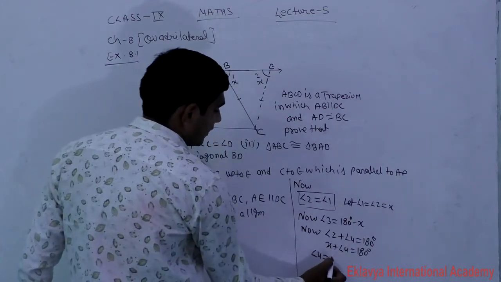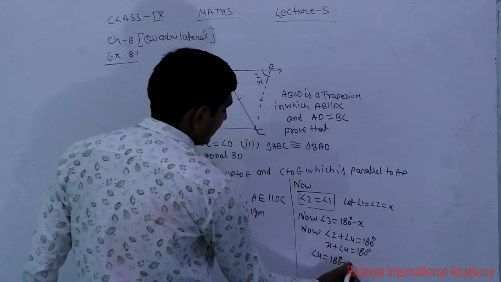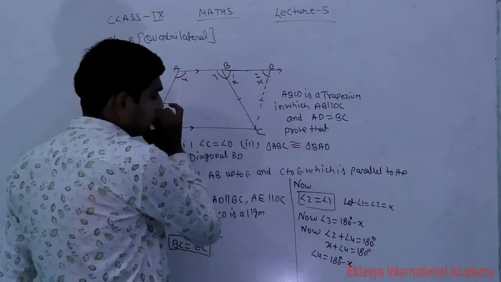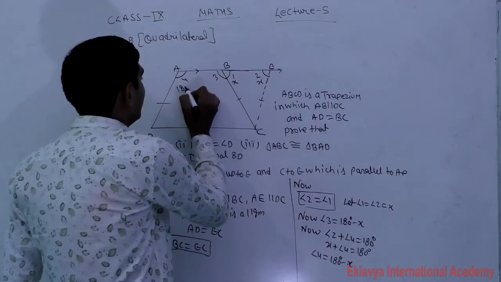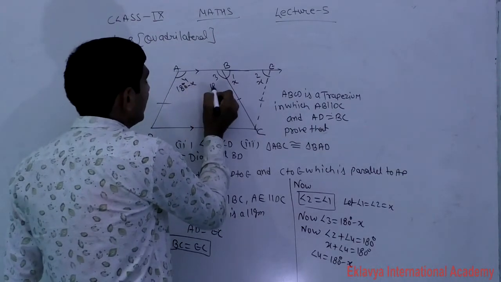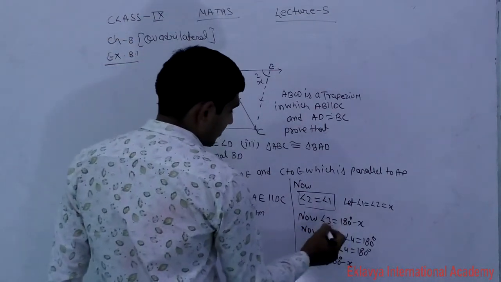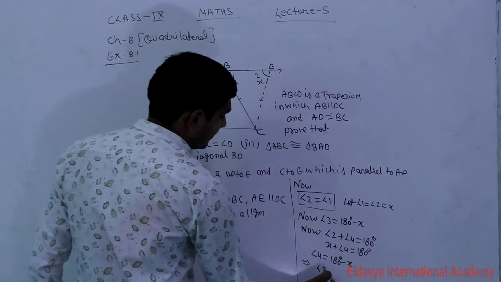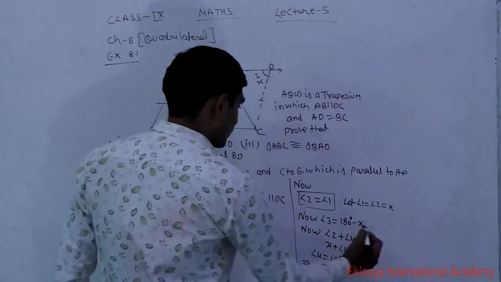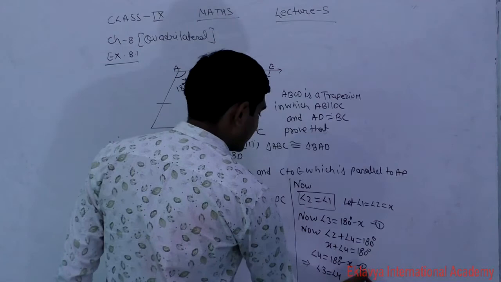So what is the value of angle 4? 180 minus x. Angle 3 आपने कैलकुलेट कर लिया, 180 minus x. So from that, angle 3 is equal to angle 4 or not? That is equation first and equation second.